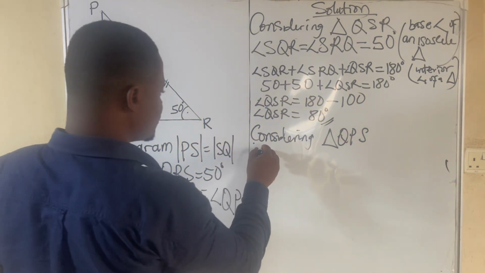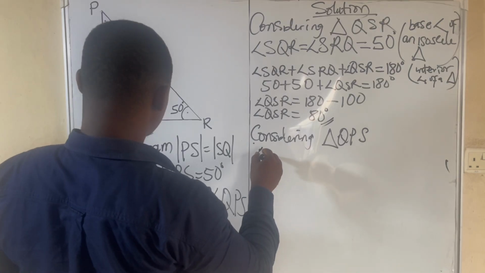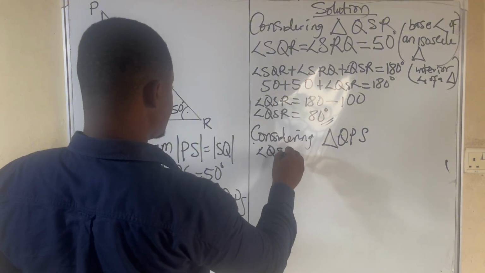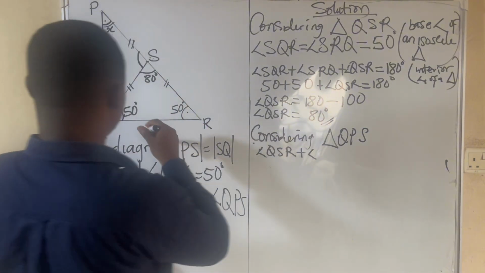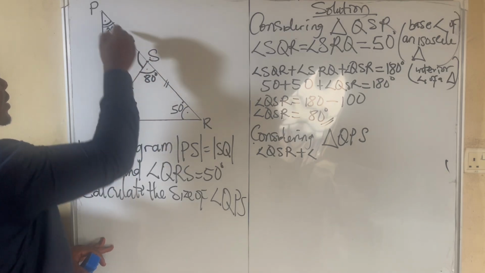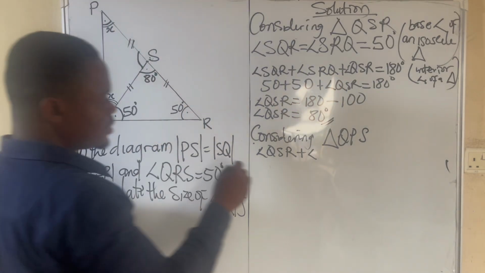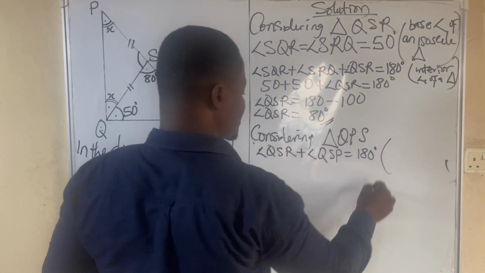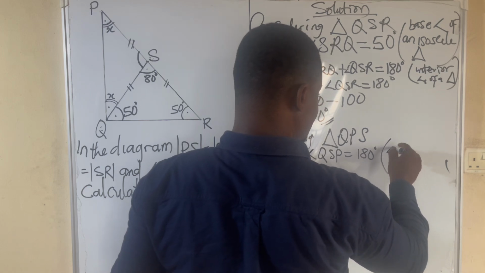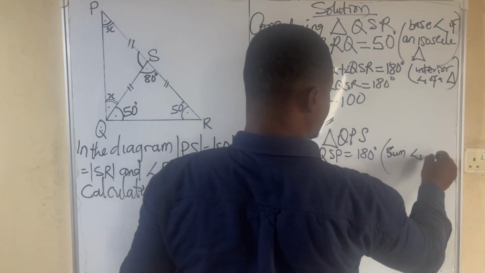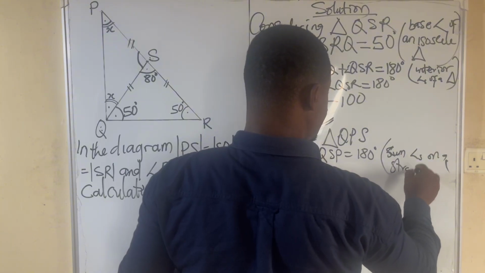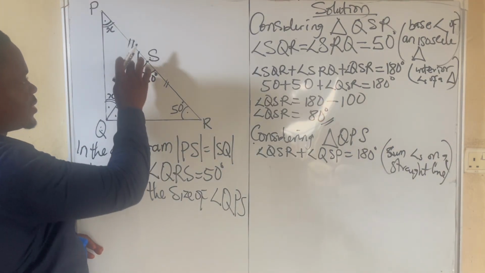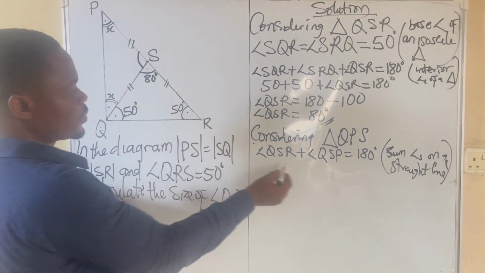So we have that angle QSR plus angle QSP is equal to 180 degrees. The reason is that the sum of angles on a straight line is 180. So we are looking for angle QSP.